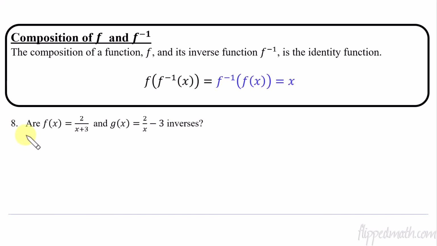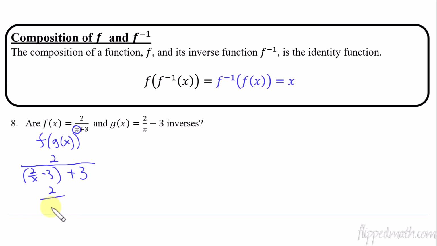So what we'll start off with is f of g of x. That's what we're going to try and figure out. So we take f of x and we plug this whole g of x into that x right there. So it's going to be 2 over, so it becomes 2 over x minus 3 plus 3. And then we simplify what we can.